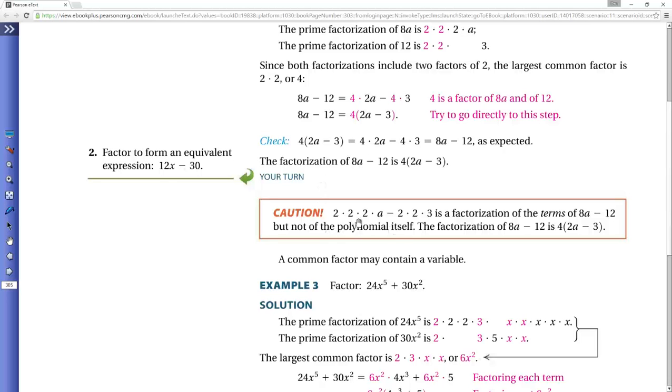So in this case, 2 times 2 times 2 times a minus 2 times 2 times 3 is a factorization of the terms of 8a minus 12, but it is not a polynomial itself. Okay? We tend to think, hey, I just factored each part of this. I need to make it a multiplication of both of these, right?